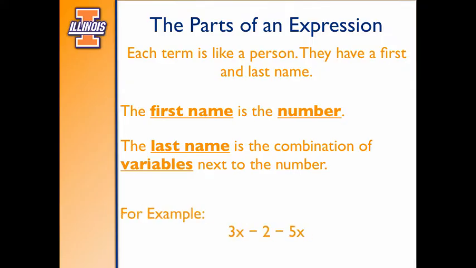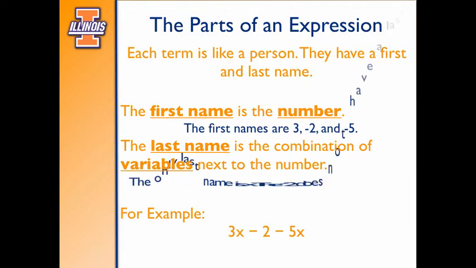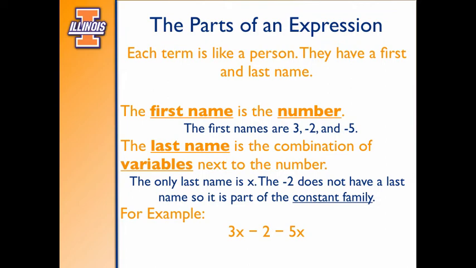For example, in this expression, the first names are 3, negative 2, and negative 5. The last names are x, and negative 2 doesn't have a last name, so it's part of a different family called the constant family. Anything that doesn't have a last name is part of the constant family.